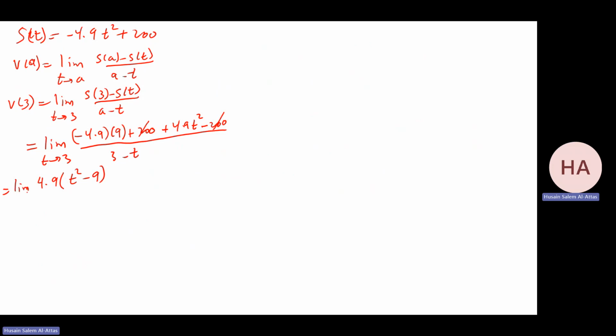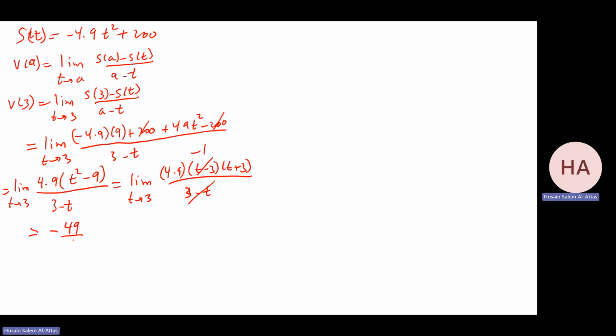Don't forget the limits. t squared minus 9 over 3 minus t. Now this is 0 over 0, so I will do factoring. 4.9 times (t minus 3)(t plus 3) over 3 minus t. Cancelled, have minus 1. Substitute, you're getting what?